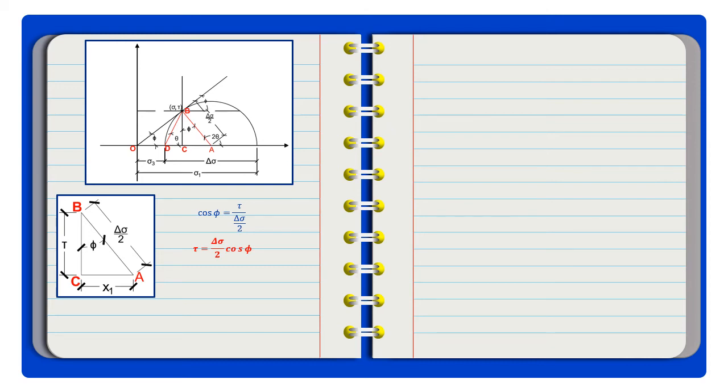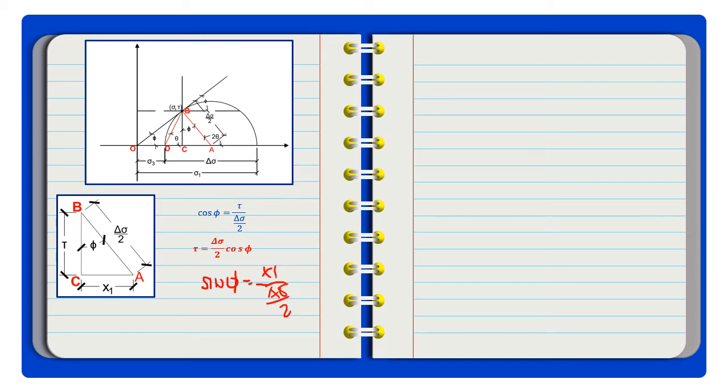Ngayon, ito na yung equation from our triangle na makukuha para mapalabas natin si shear stress. So, this is just by using trigonometry. Now, pwede na natin ngayon kunin si x sub 1. It's either we can use the sine function, sine phi is equal to x sub 1 divided by delta sigma over 2.